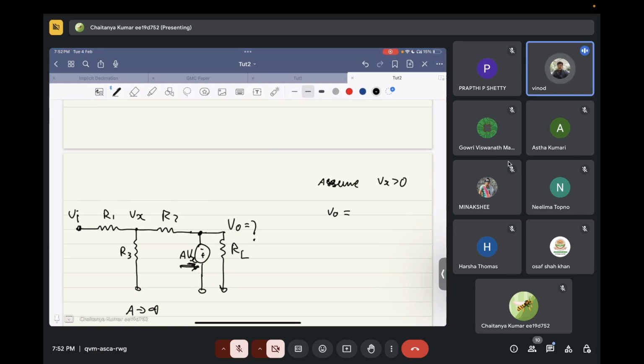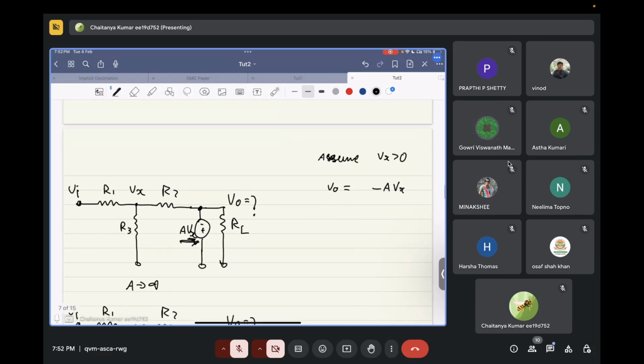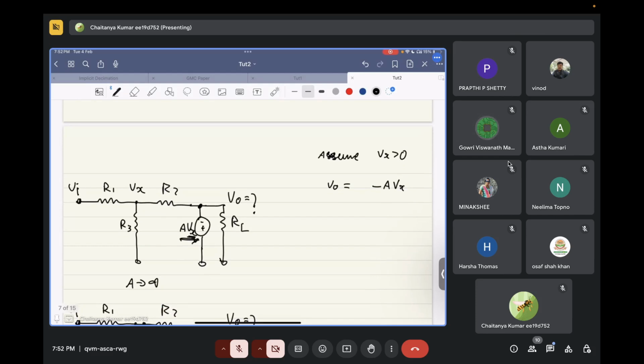Minus A times Vx, right? So what will be minus A times Vx if A is infinity? Minus infinity, right? Because minus A times Vx, with A tending to infinity, V naught will tend to minus infinity.